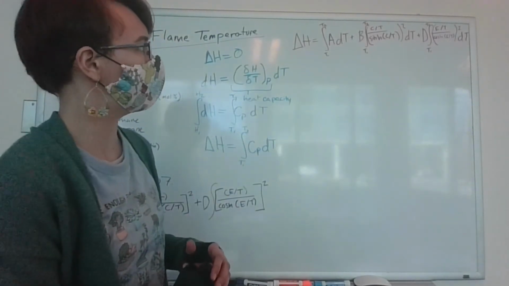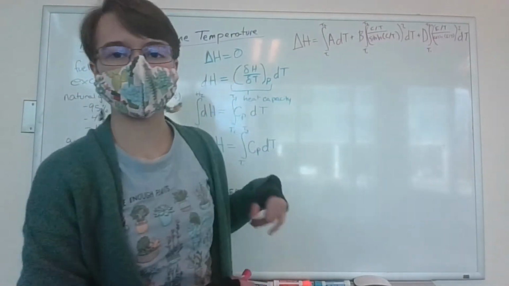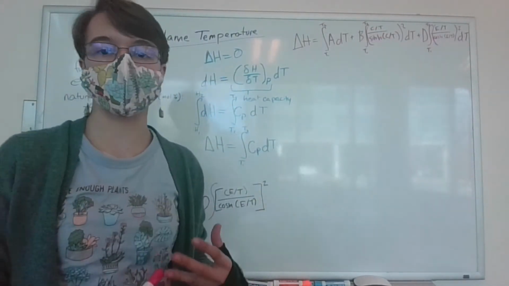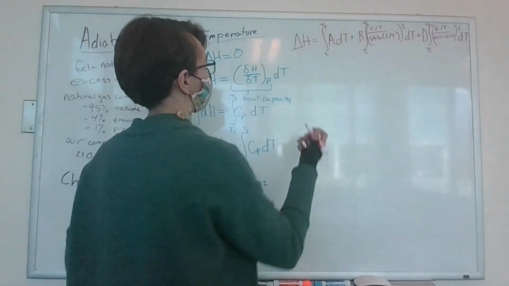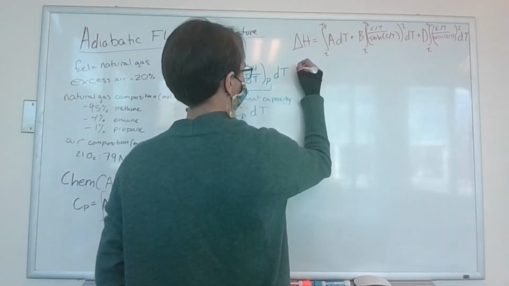We can do some of these by hand, but as soon as we get to the hyperbolic sine and stuff, I don't want to do that by hand. So we're going to use Wolfram Alpha to help us. So we do this first term by hand.